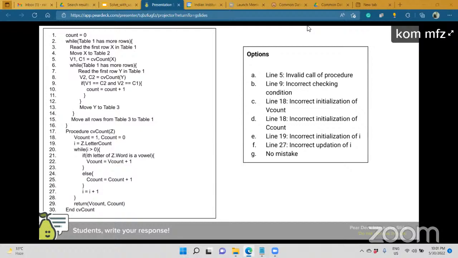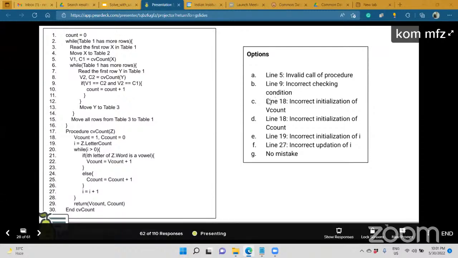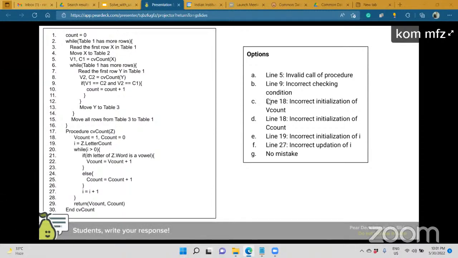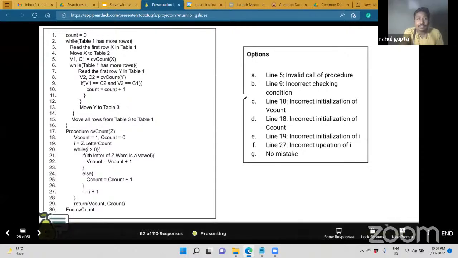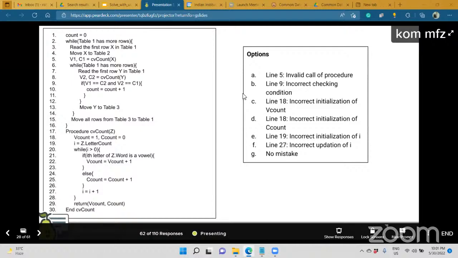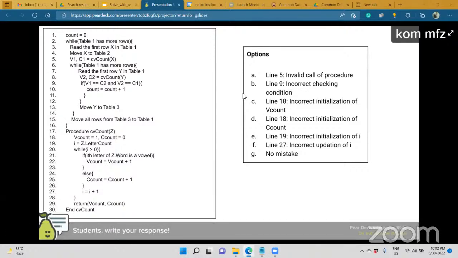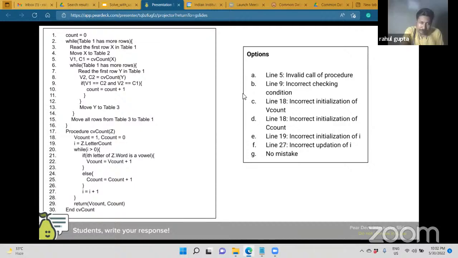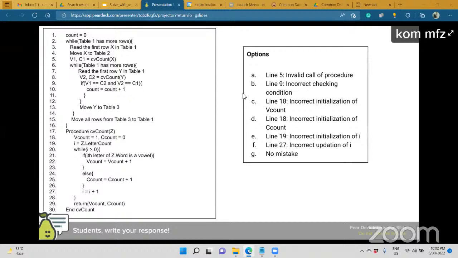Sir, I didn't get this. Why is line number 19 free of errors? Supposing the letter count of a word is 7. Then we are initializing the value of i to 7.